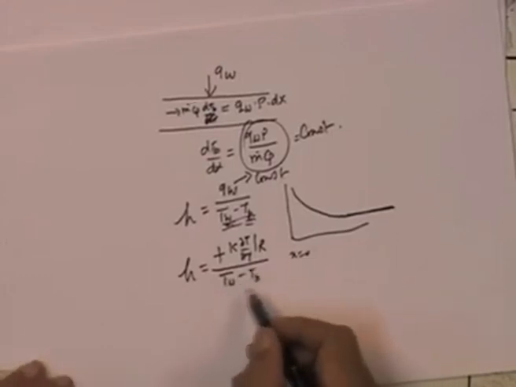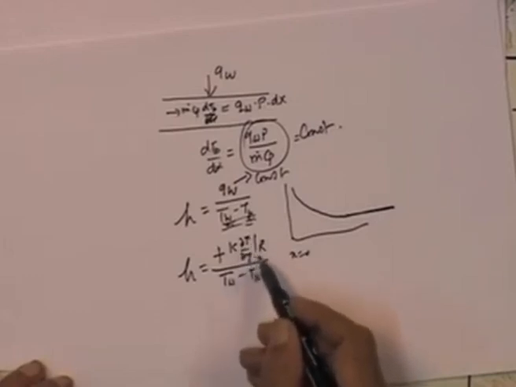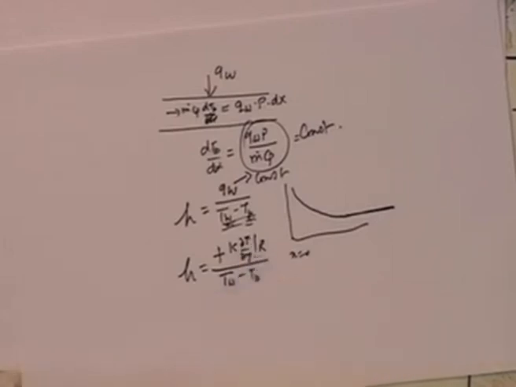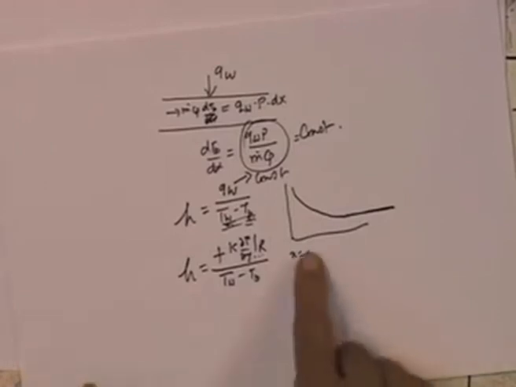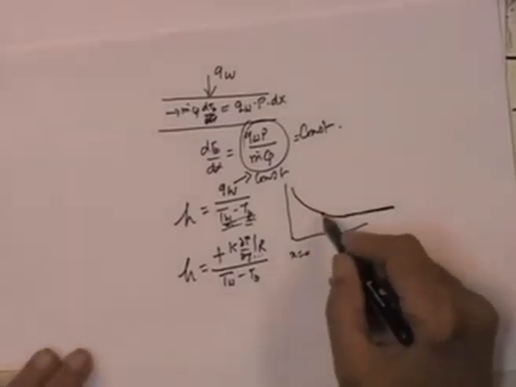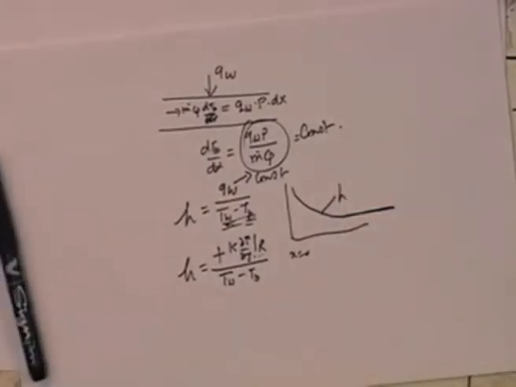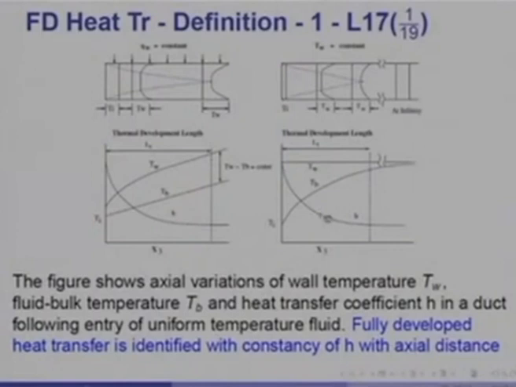So, although T wall minus T bulk is large, so is k dT by dy at r, very, very large, and as a result again you get a variation of heat transfer coefficient h which is very similar to that in a constant heat flux case. So, that is what I have shown here. h goes on changing with x, but decreasing with x.